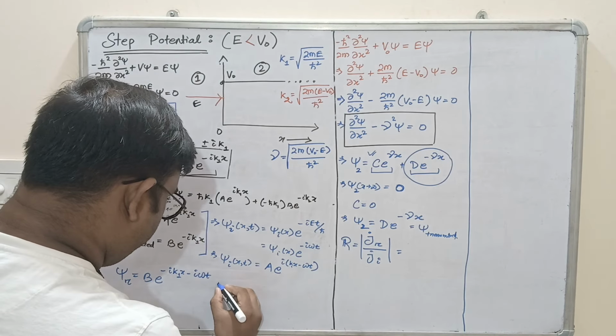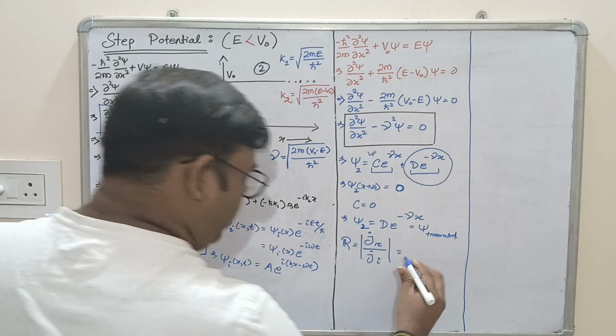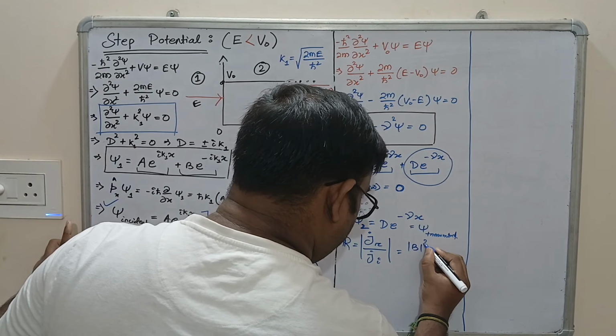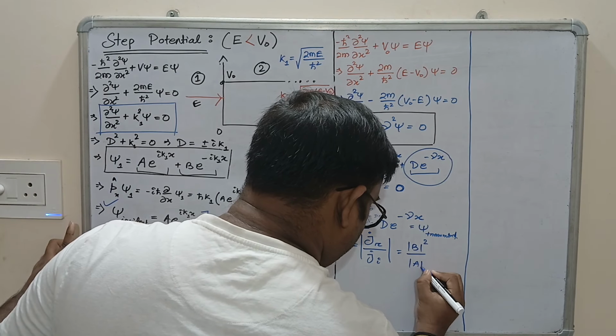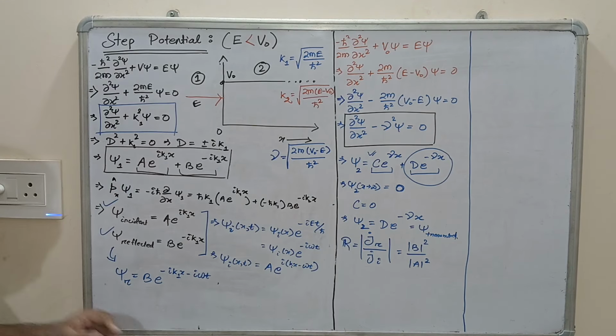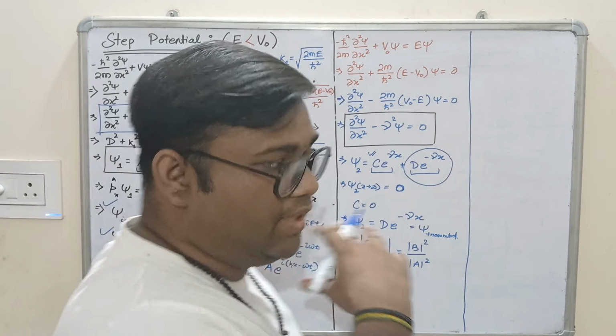When you do the math, this entire value will come out to be b square by a square. I think I have done the math.